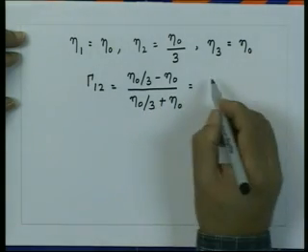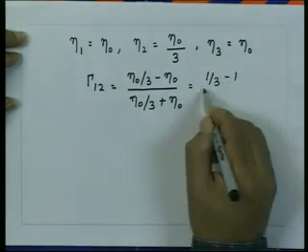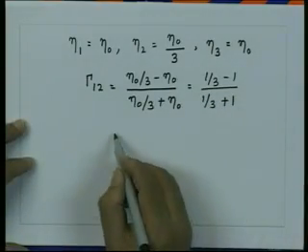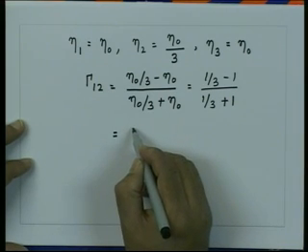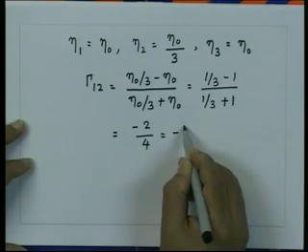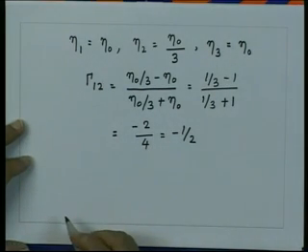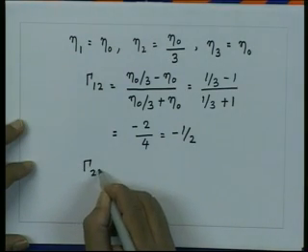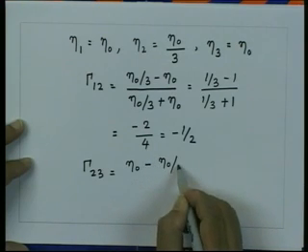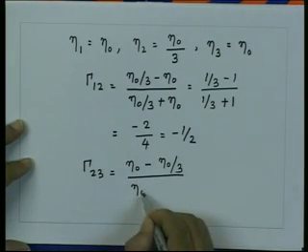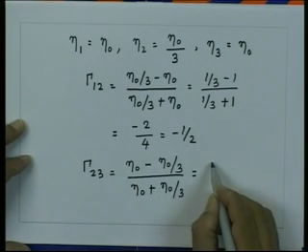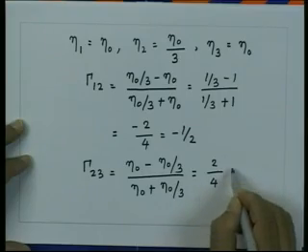So, that is equal to 1 upon 3 minus 1 upon 1 upon 3 plus 1. So, that will be equal to minus 2 upon 4 is equal to minus 1 upon 2, and gamma 2 3 will be eta 0 minus eta 0 upon 3 upon eta 0 plus eta 0 upon 3. So, that will be equal to 2 upon 4 is equal to 1 upon 2.